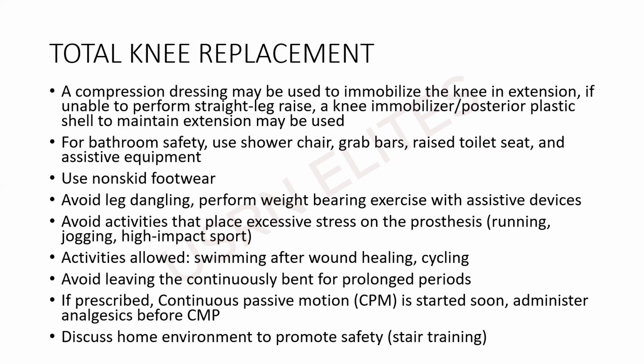So after surgery, one of our priorities is to prevent dislocation. That's why you don't sit or bend more than 90 degrees, because if it happens, the joint will be removed from the socket. All right, that is what you have to know.